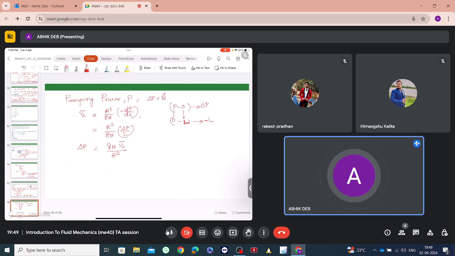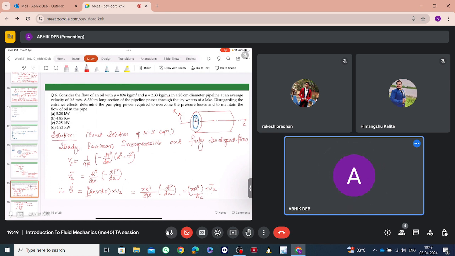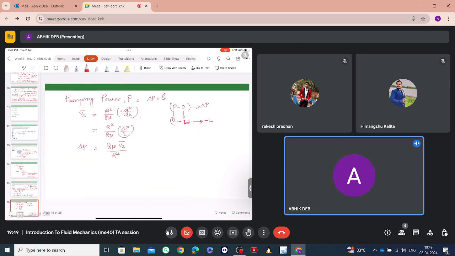But we have been given the diameter, right? 28 centimeters. So this is just r in terms of d: d by 2 whole square, so 4 by 4, it will be 32 mu Vz average by d square.